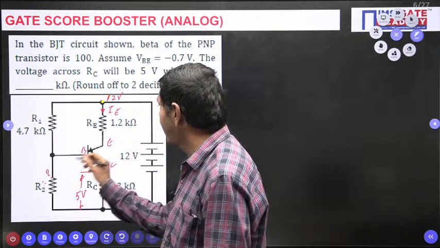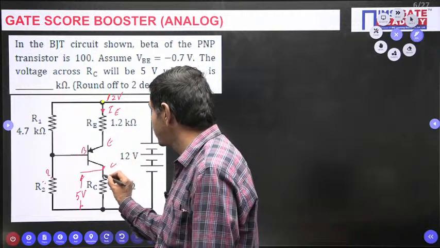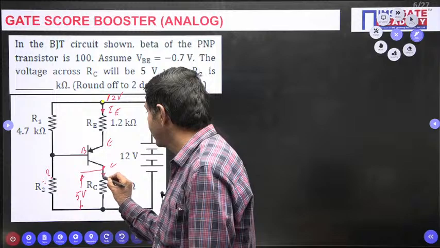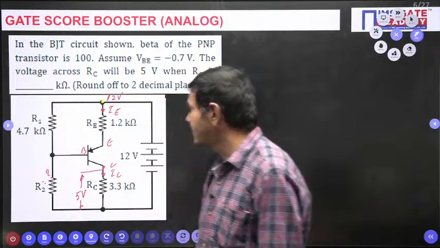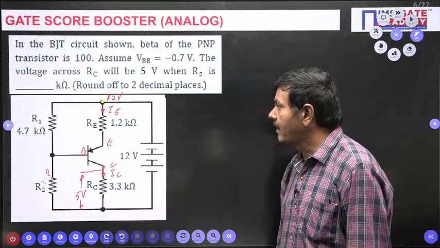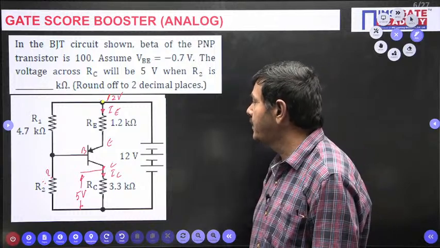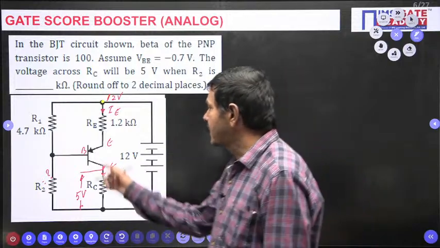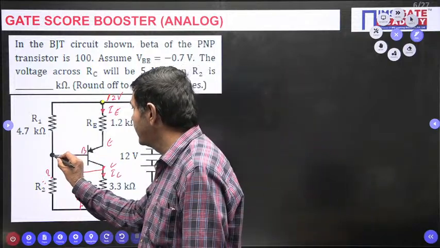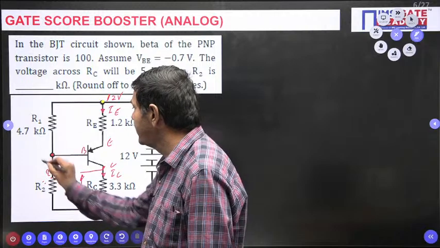IE equals IB plus IC is possible here. This is the IC value. IB is on this side. This point is the base voltage, which I can put here.